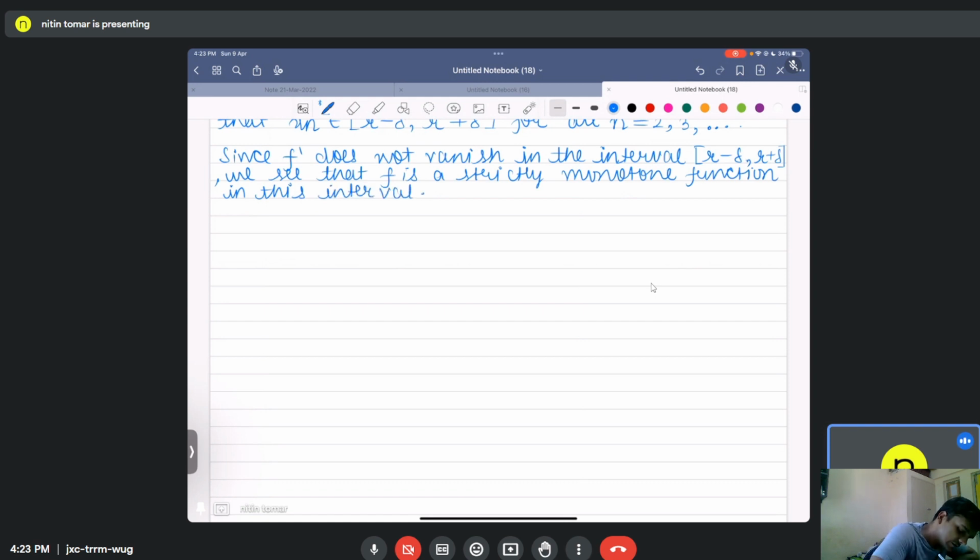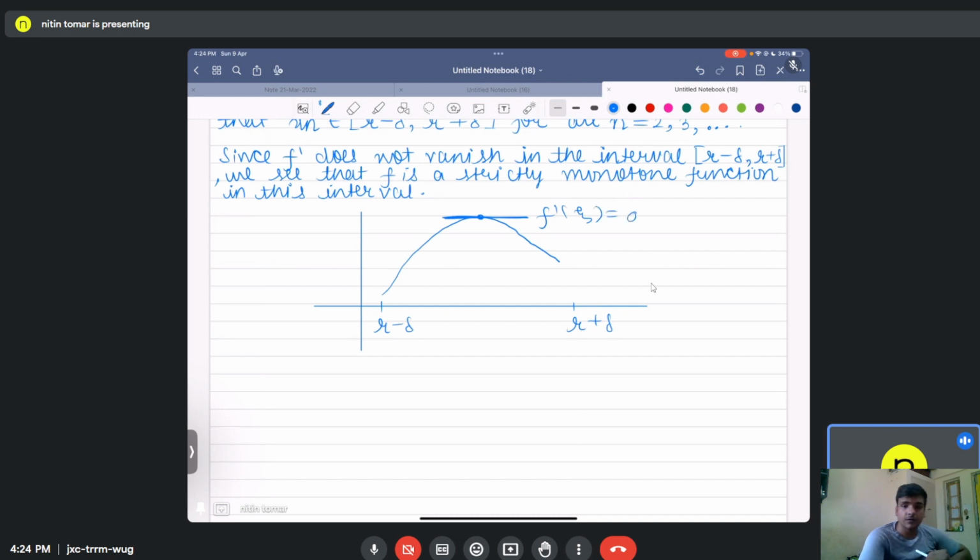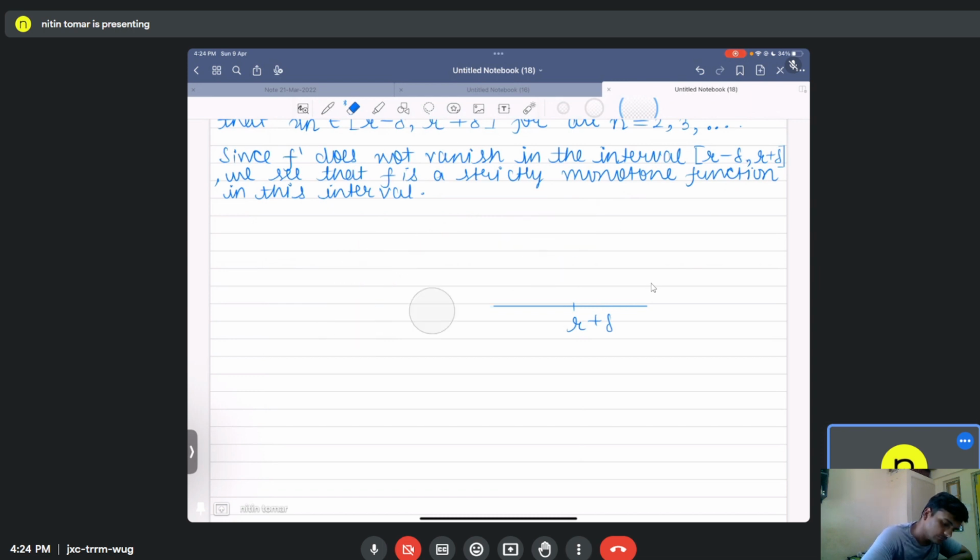Why? Because if f is a continuous function, and this is your r minus delta and this is your r plus delta, if it is not monotone, then it has to take a turn, and the point where it takes a turn will be the point where f dash xi is 0. So it will be a contradiction.